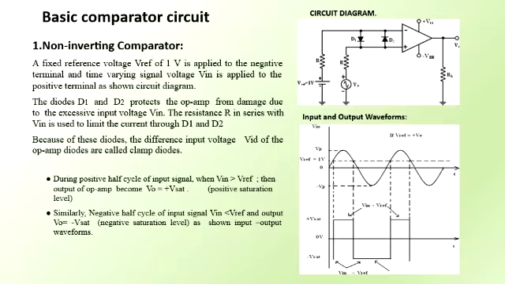During the positive half cycle of the input signal, when Vin is greater than V reference, the output of the op-amp becomes Vo equal to positive saturation.